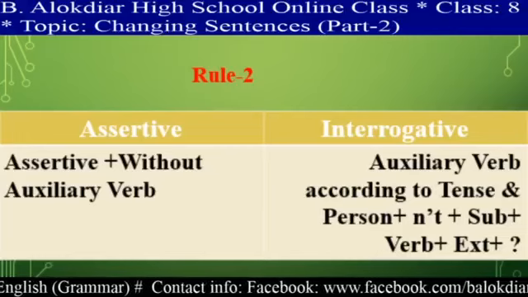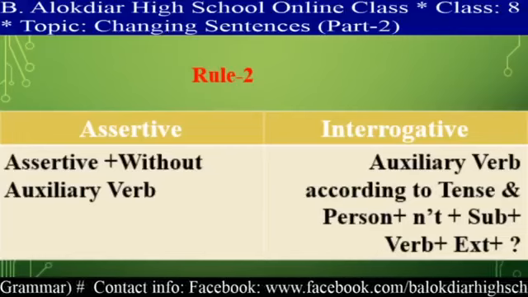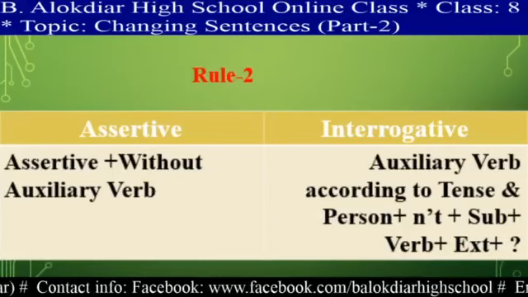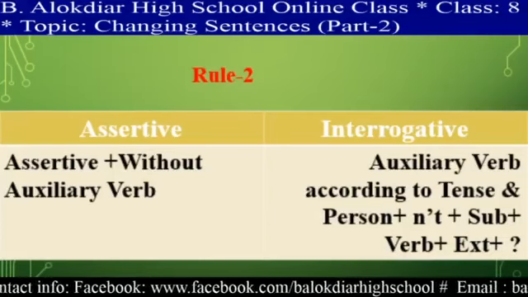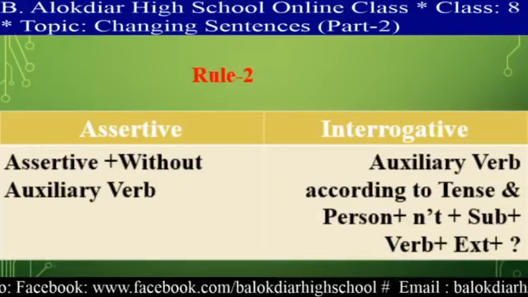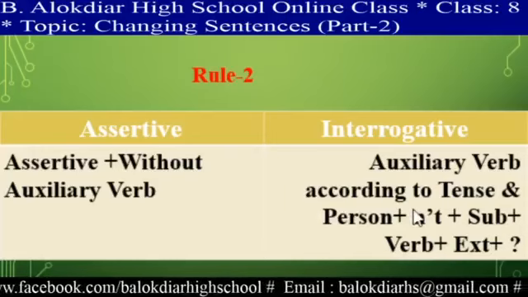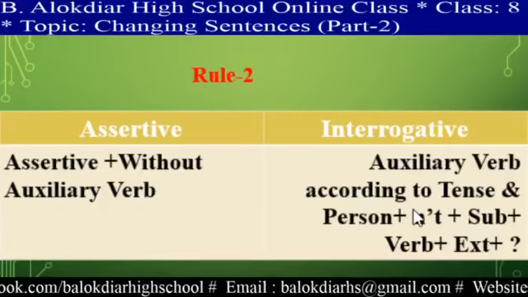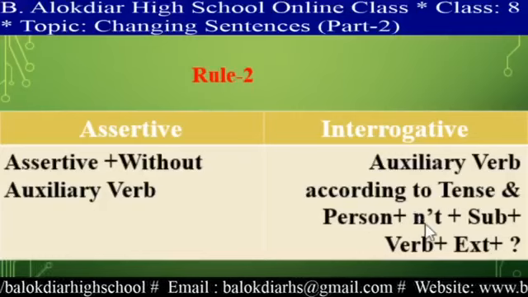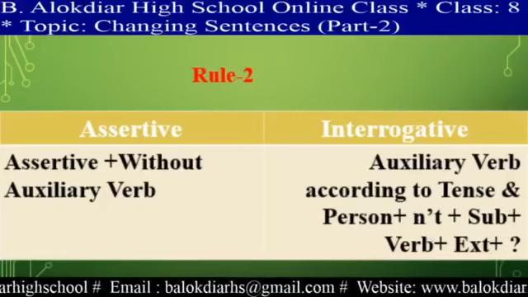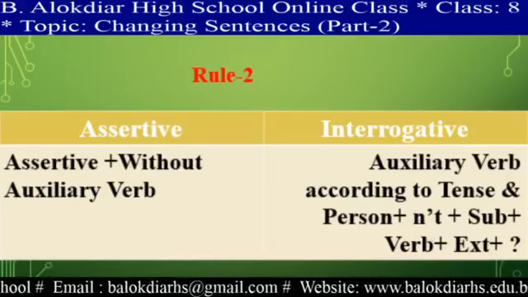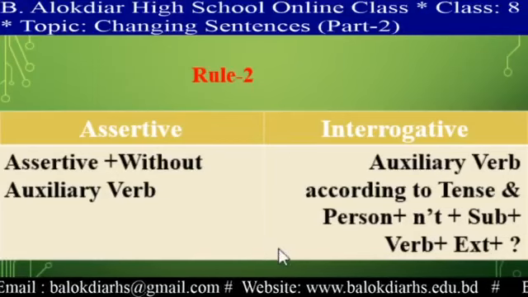If an assertive sentence is without an auxiliary verb, then in interrogative, at first we have to use an auxiliary verb according to tense and person, then the contracted form of not, plus subject plus verb plus extension. So these are the rules. Let's go to the next example.